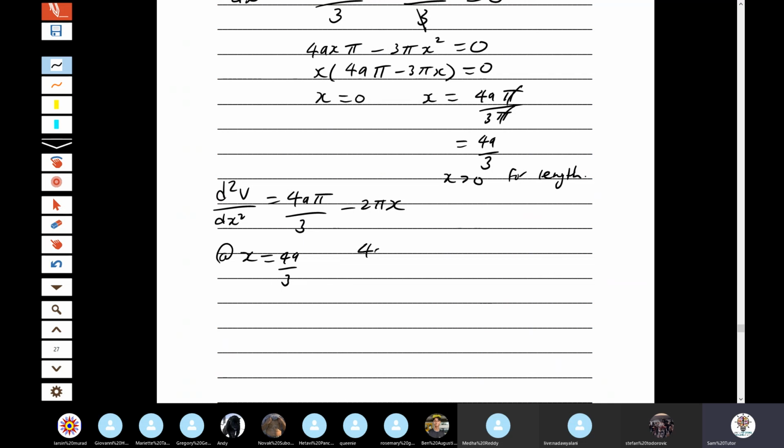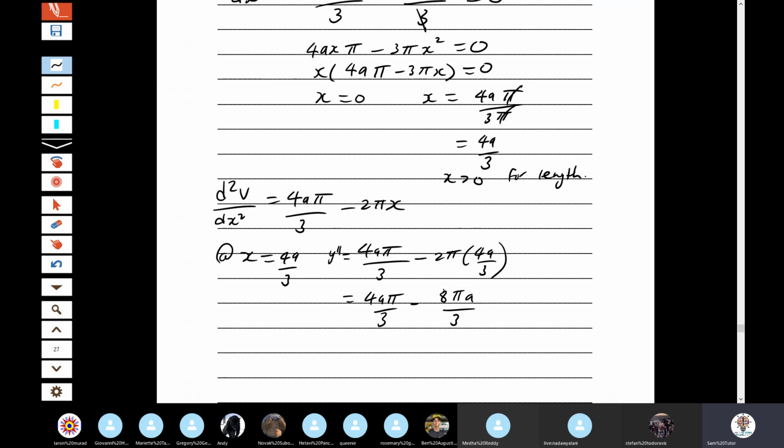Sub it in. You'll get y double dash equals 4a pi on 3 minus 2 pi 4a on 3. Four a pi on 3 minus 8 pi a on 3.